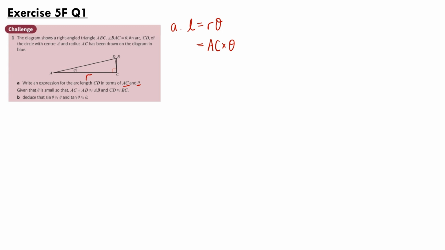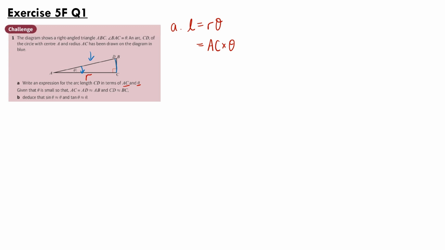So what this is saying here is that given that theta is small, so as theta gets smaller and smaller and smaller, you can imagine the right angle triangle sort of collapsing downwards, then AC equals AD, so the radii are approximately equal to AB, so they're approximately equal to the hypotenuse of the right angle triangle, and CD is approximately equal to BC. So this arc here, as theta gets smaller and smaller and smaller, gets closer and closer and closer to just being the straight edge BC.